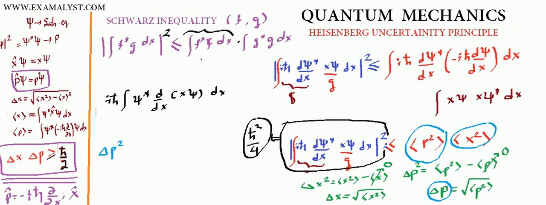The second value will be uncertainty in x whole square. So you can see it from here, and this will be greater than equals to h cross square by 4. Agreed? Then you can easily get del x del p as greater than equals to h cross by 2.